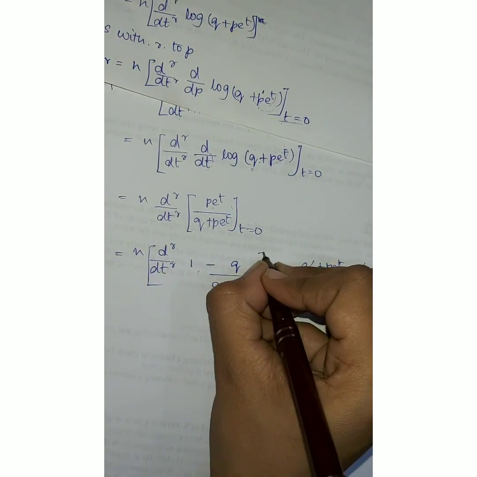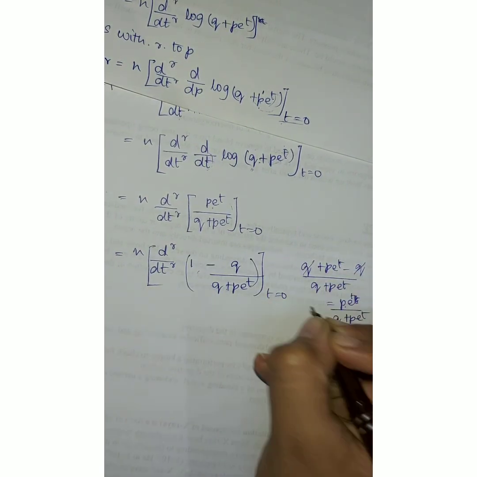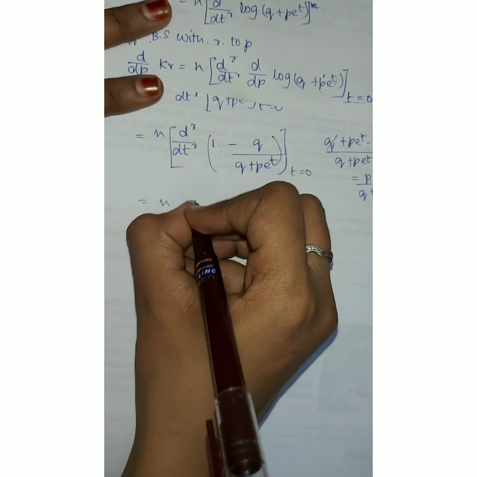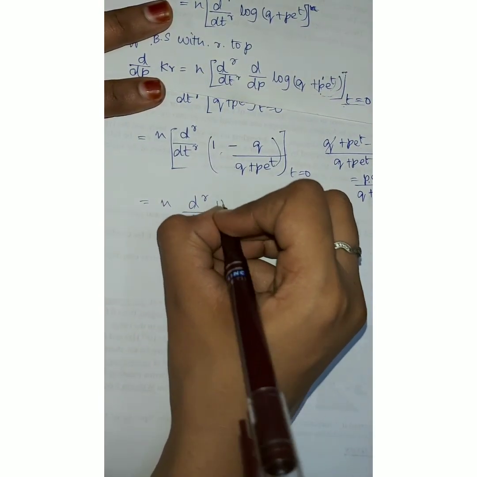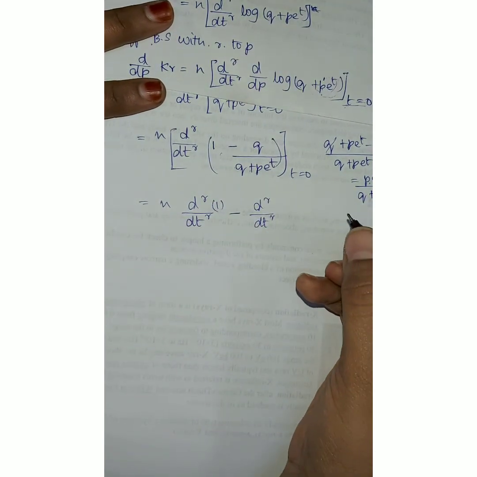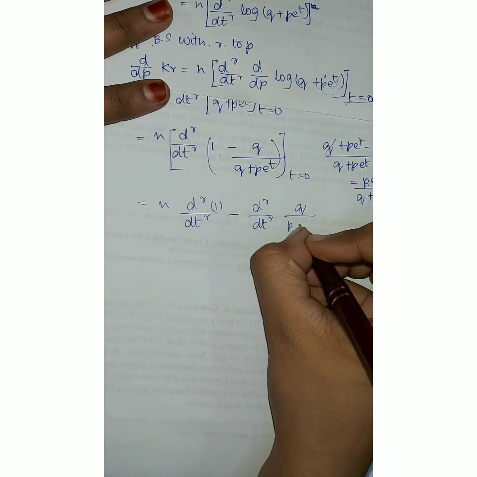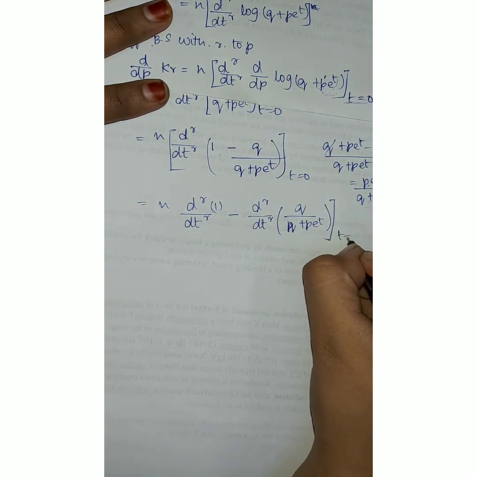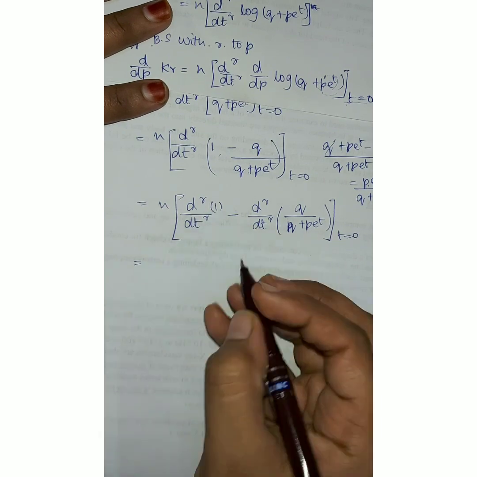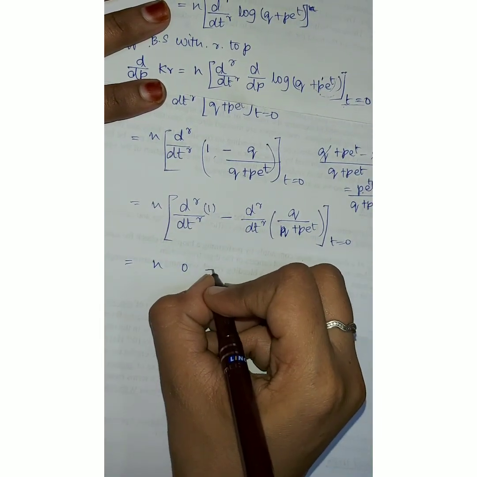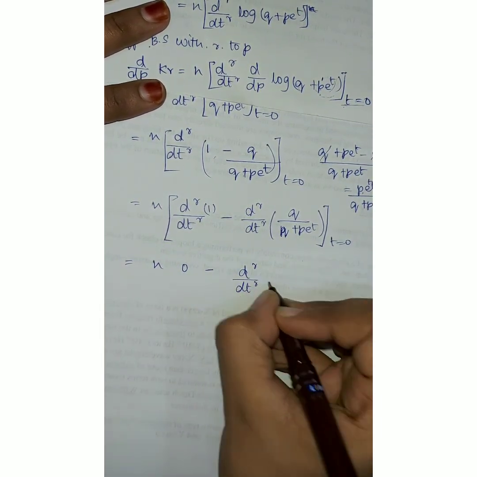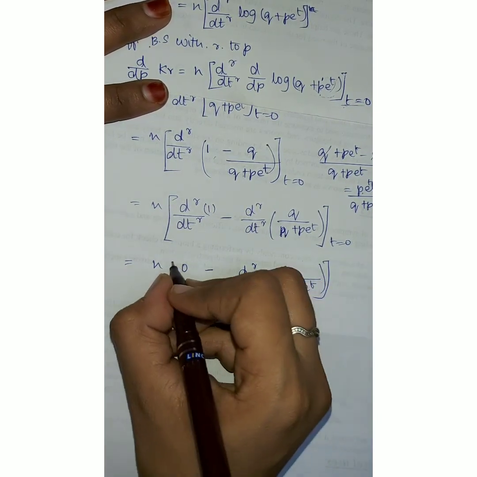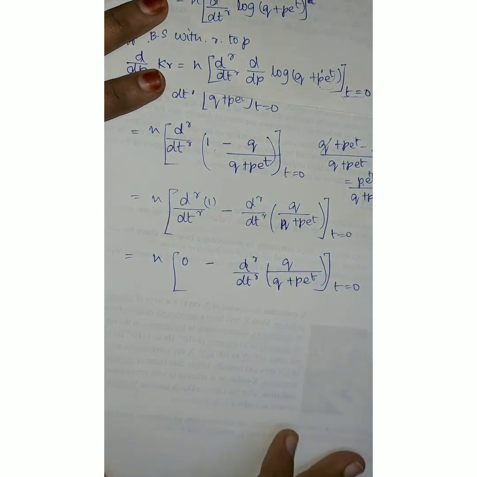Then write t is equal to 0 as it is a constant. Then multiplying d power r by dt power r inside, we get n into d power r by dt power r minus d power r by dt power r into q by q plus p e power t. Differentiating 1 gives you 0, so it becomes n into 0 minus d power r by dt power r into q by q plus p e power t, and in the bottom t is equal to 0.